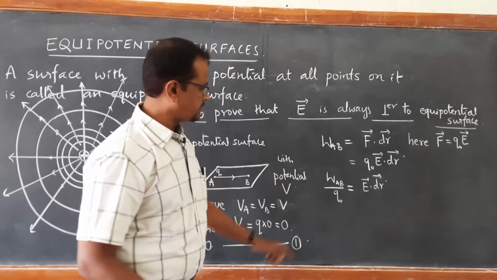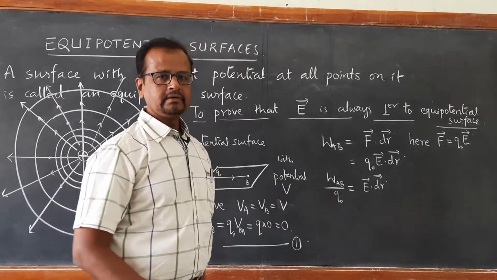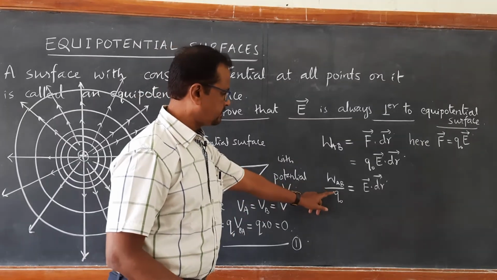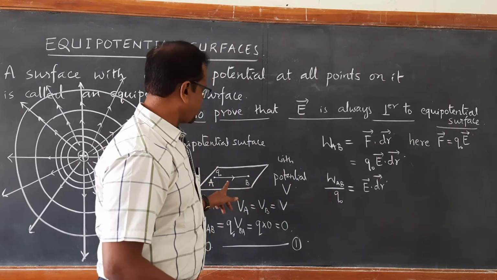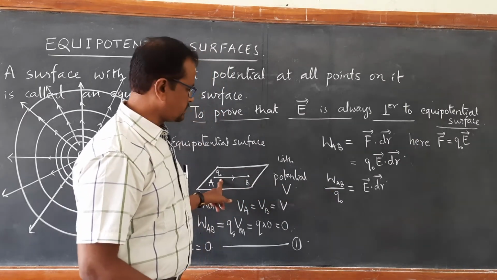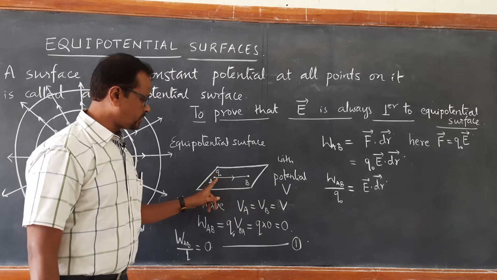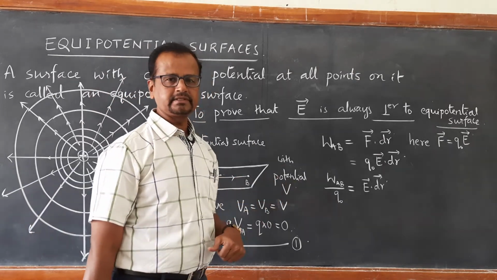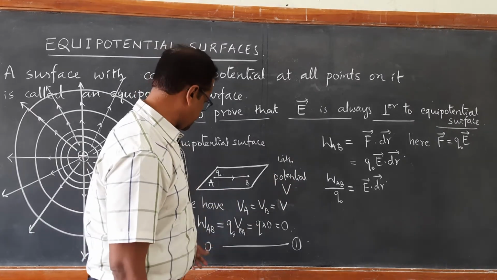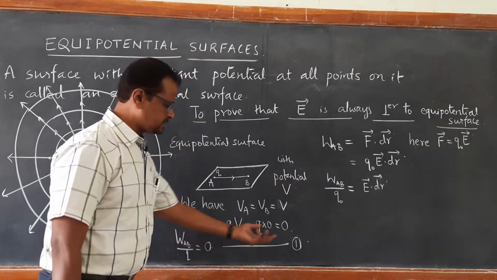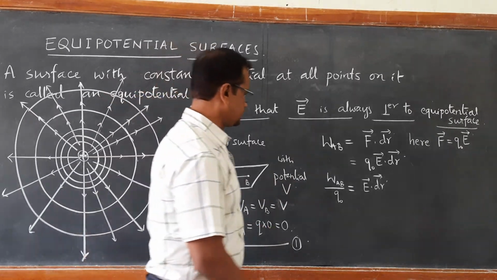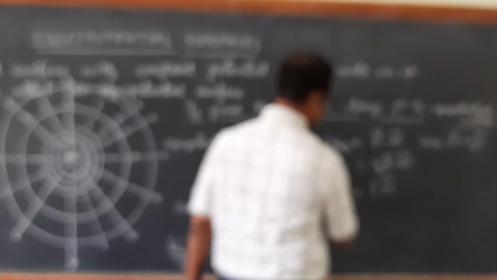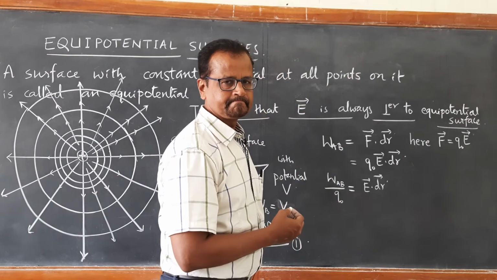So, this gives us the work done moving unit charge, 1 coulomb of charge from A to B, which is giving us potential difference, and that potential difference is 0 already, which we have found out. So, the left hand side becomes 0, right?